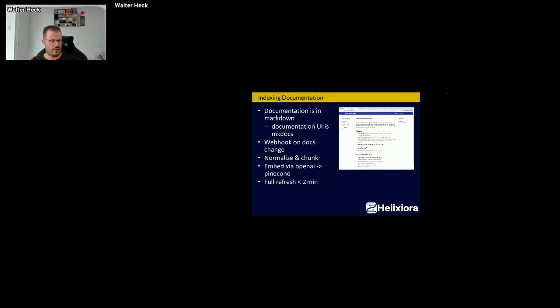So if only a single file changed or a few files changed in the Git history, we can see, okay, these files changed. So we retrieve those vectors and update them to new versions. And that way you can do selective refreshes as well.